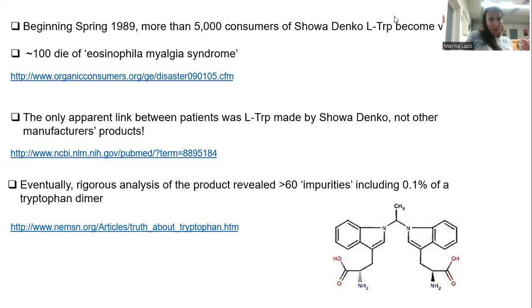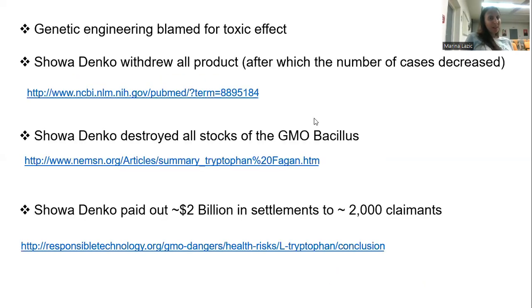Again, there are no clear conclusions on this website. Eventually, rigorous analysis of the product revealed over 60% impurities, including 0.1% of tryptophan dimer, and in this case, genetic engineering was blamed for the toxic effect. You could imagine how people were upset about genetic engineering then.